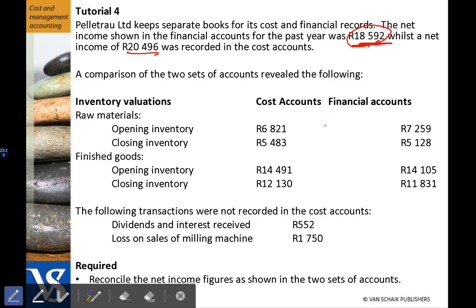We've got a difference here of 438. Now we need to know, are we going to add, or are we going to deduct this 438? How are we going to be sure what to do about this 438?